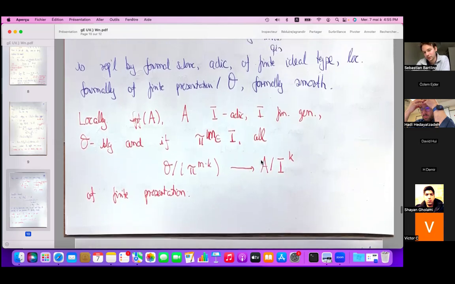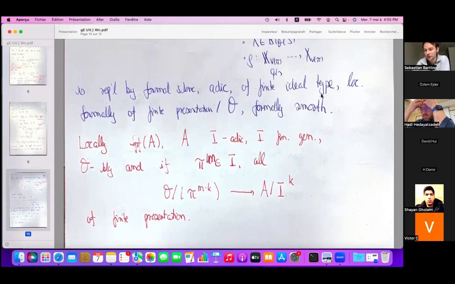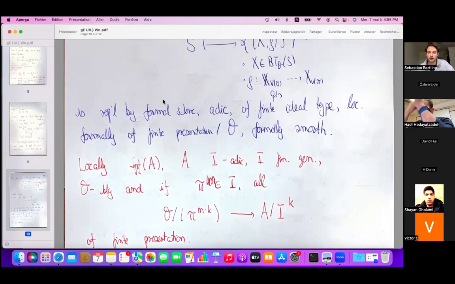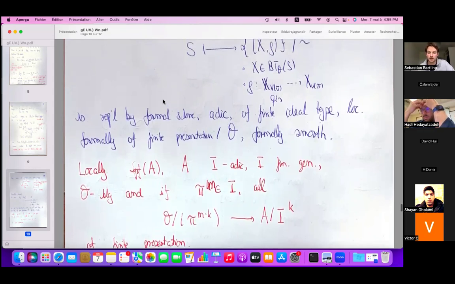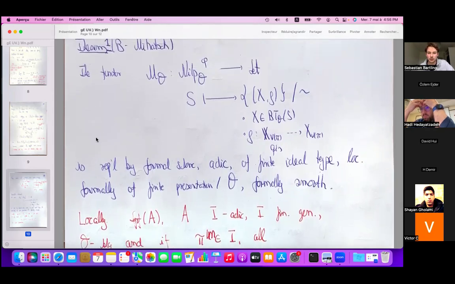And formally smooth is really just formally smooth in the sense of lifting along nilpotent, square zero thickenings. Okay, so that's the result we have about this moduli problem.